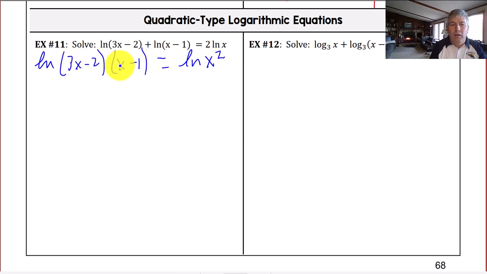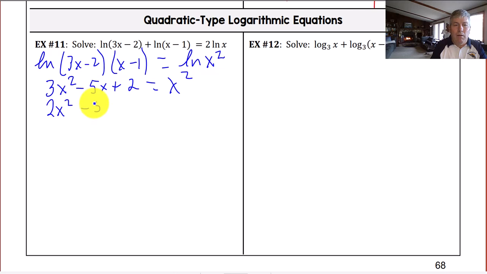So foiling 3x minus 2 times x minus 1 and dropping my natural log, I get 3x squared minus 5x plus 2 equals x squared. Subtracting x squared from both sides, I get 2x squared minus 5x plus 2 equals 0.